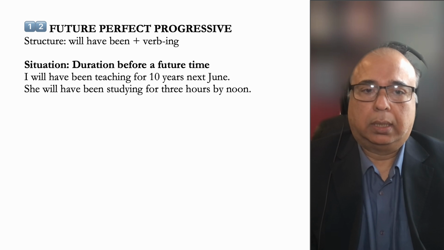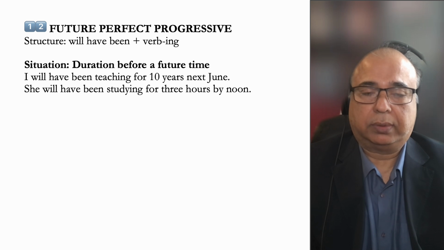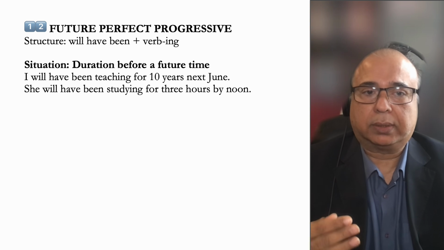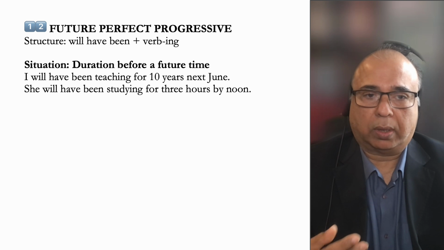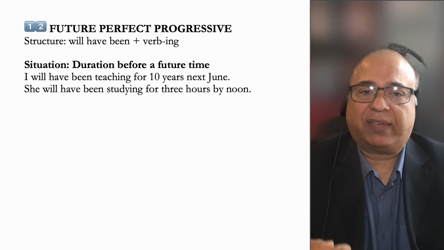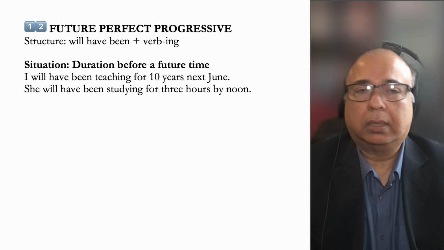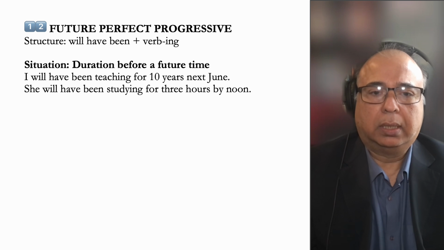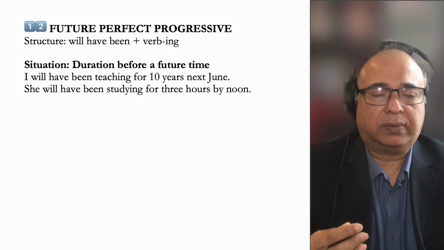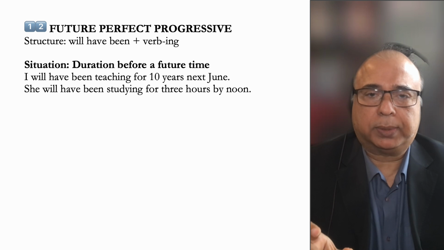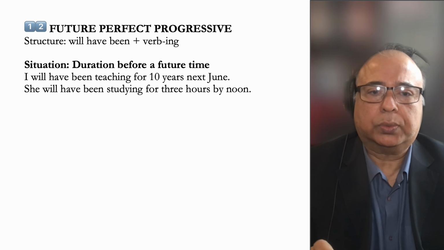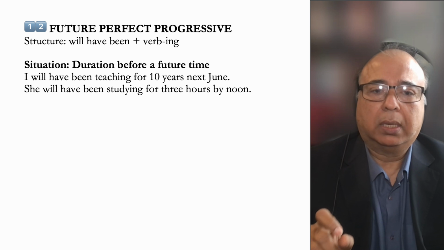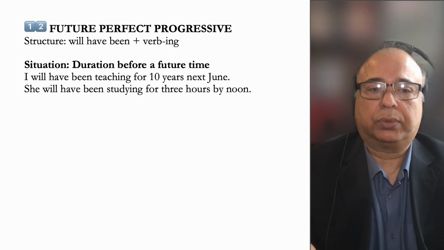Okay. Future perfect progressive. That's the last verb tense. That's the 12th verb tense. Will have been doing something. Will have been reading. Will have been traveling. It's a very specific context, very specific situation when native speakers use future perfect progressive to express a duration before a future time.